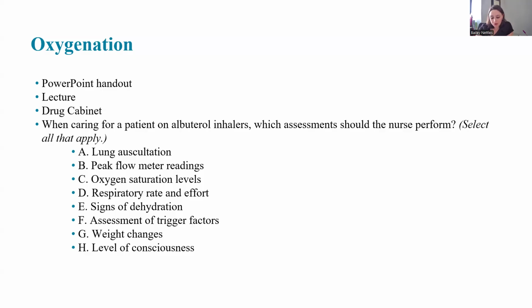Should we measure their oxygen? Yes. Respiratory rate and effort? Definitely. Signs of dehydration? No. Assessment for trigger factors?